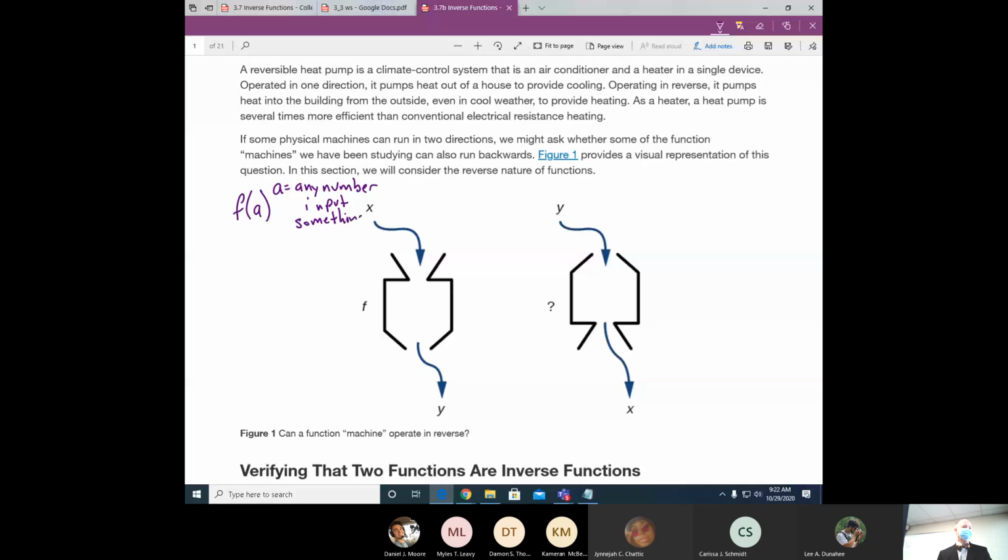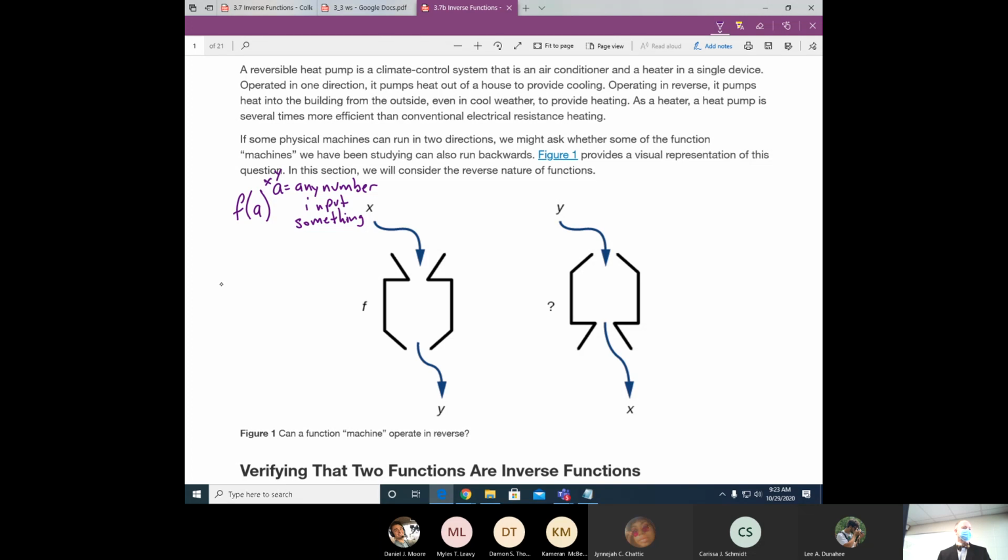Something comes in as input. So a lot of times algebra gets confusing. You know, I talked to my wife and she said, well, why are we using letters here and there? Remember, the letter just represents some number. So that can be x, y, some letter representing our input into our function.